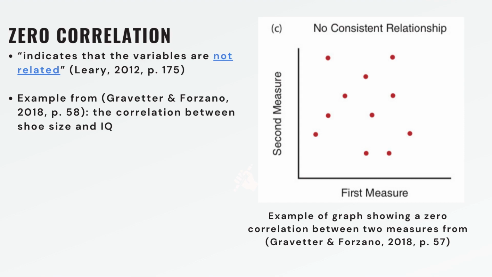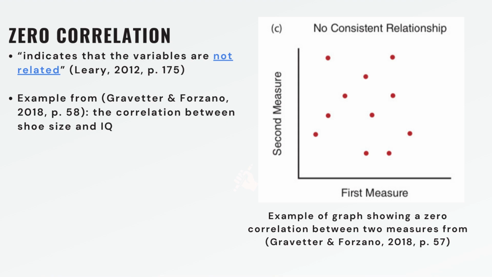Lastly, according to Leary, a correlation of zero indicates that the variables are not related. Gravetter and Forzano stated that if you measured shoe size and IQ for each individual in a group of third grade students, then you should find no relationship between the two variables. Here we have an example of a scatter plot showing a zero correlation by the two authors.